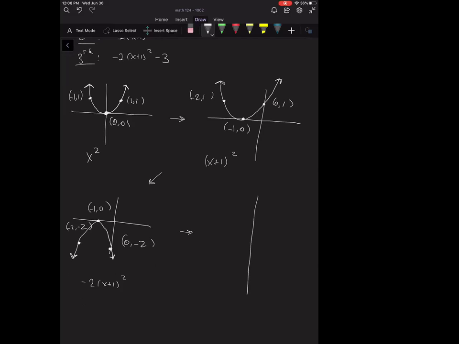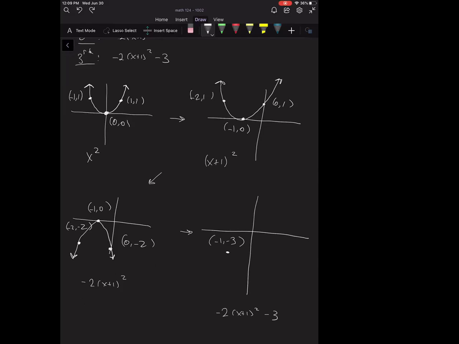And then the last one, the -3. So we have -2 times (x plus 1) squared minus 3. So this -3 means we subtract 3 from all of the y values. So this has a y value of 0. Subtract 3 from it. Now it has a y value of -3. This has a y value of -2.